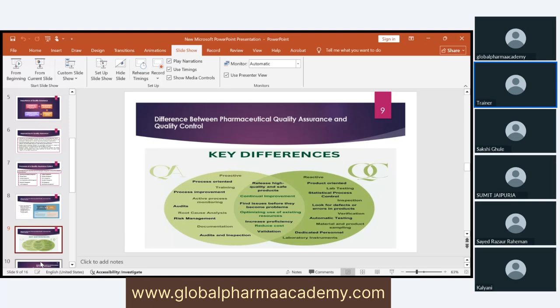So QA will act proactively so that the correct product goes to QC, and then QC will test it. QA is finally responsible, because QA is the superior authority in any organization.